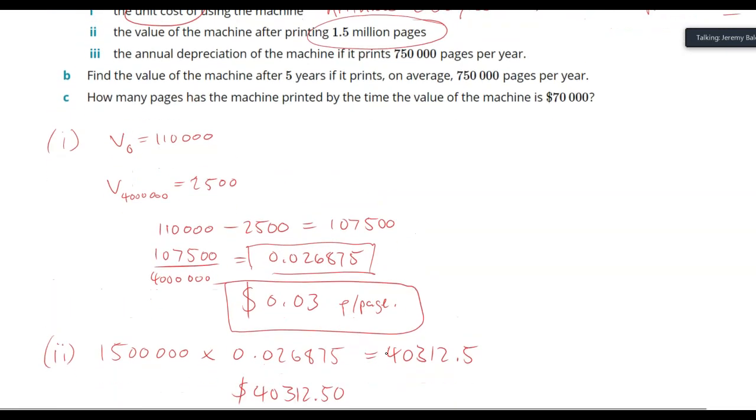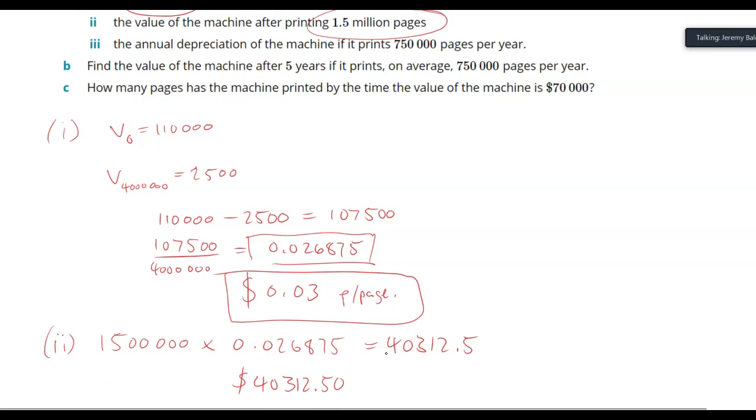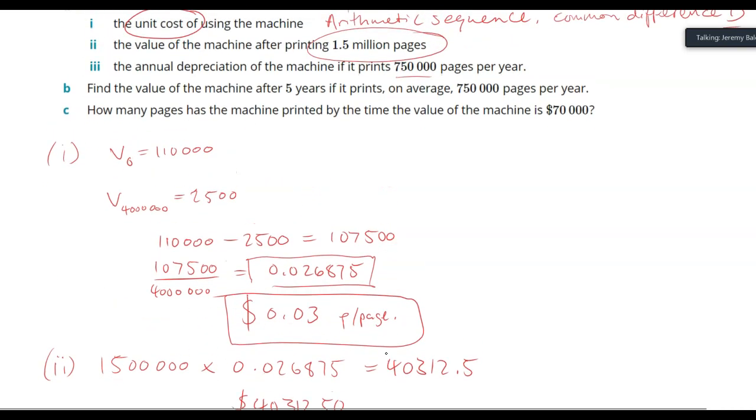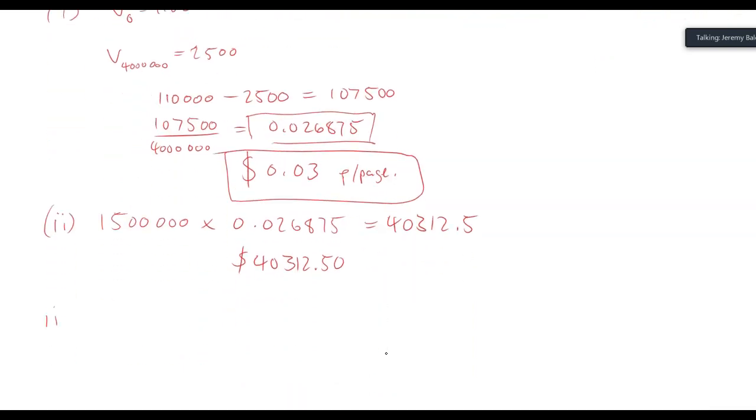Okay, next question. Annual depreciation if it does 750,000 pages per year. So pretty similar question to the one before. You're going to get your 750,000 and you're going to times it by your 0.026875.